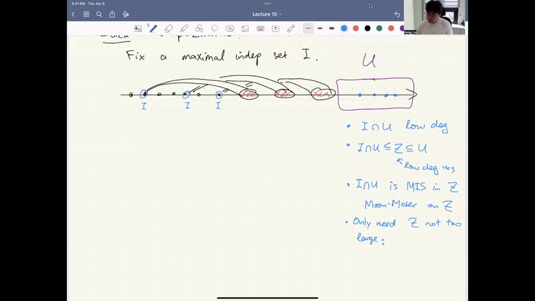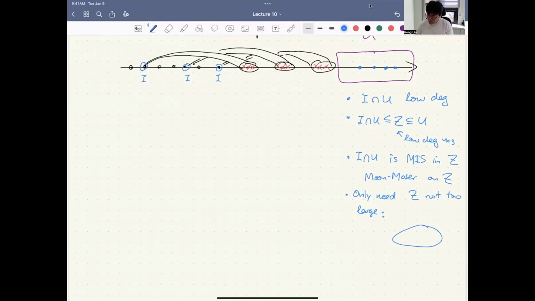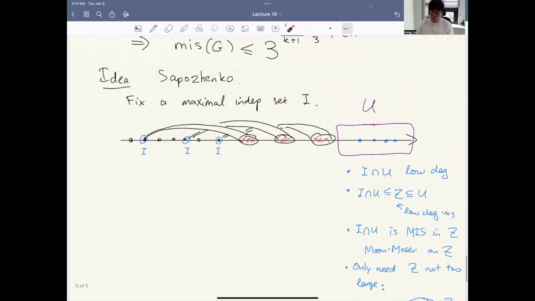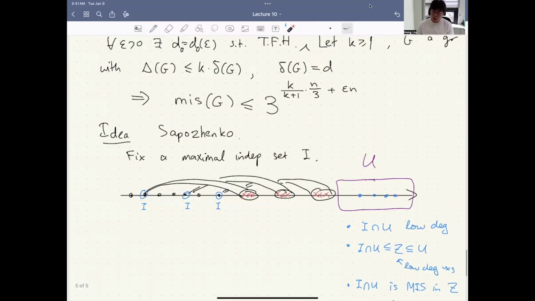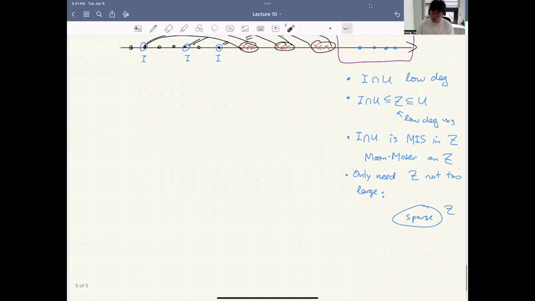This is because, remember, here's Z. Z itself is sparse inside U. Okay, it's low degree vertices. It's sparse, but our graph is almost regular, remember, meaning with D minimum degree and maximum degree KD. So that means most of the edges incident to Z go outside.